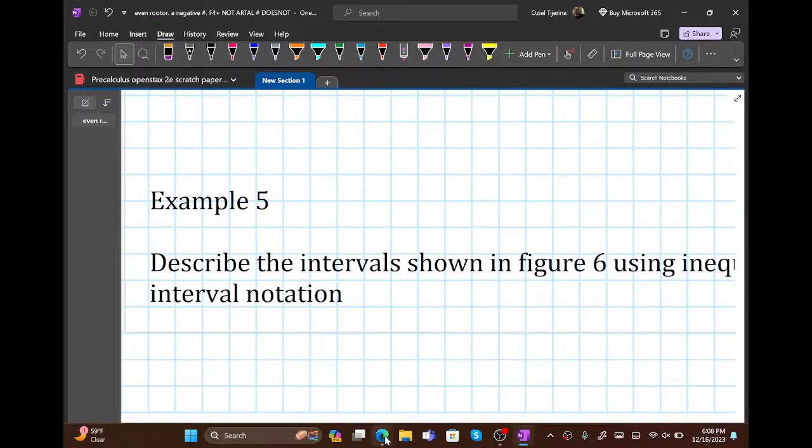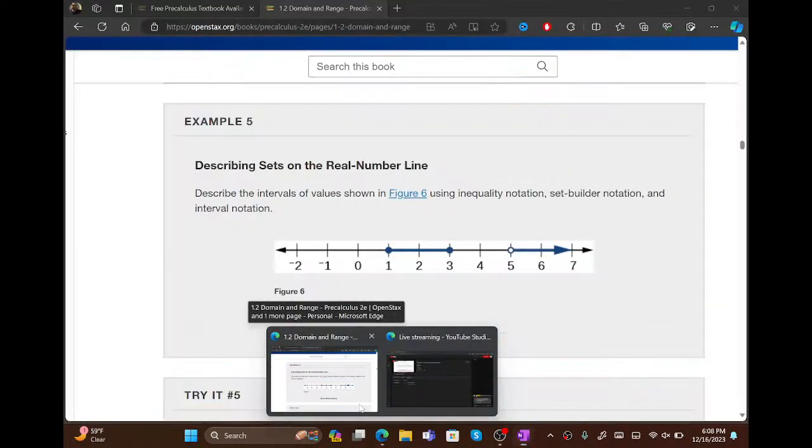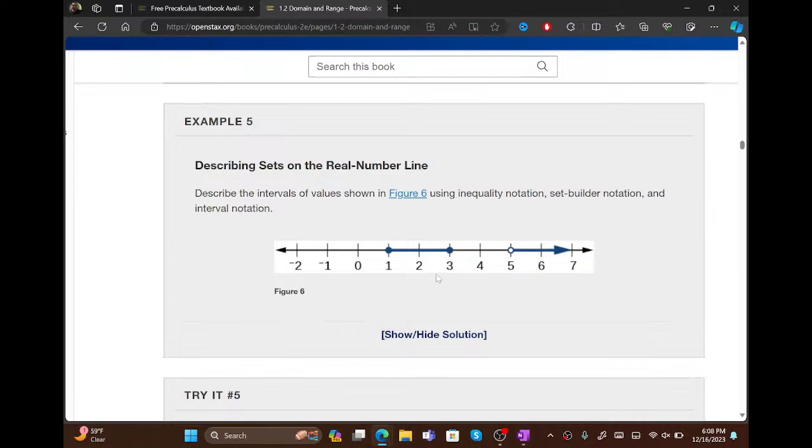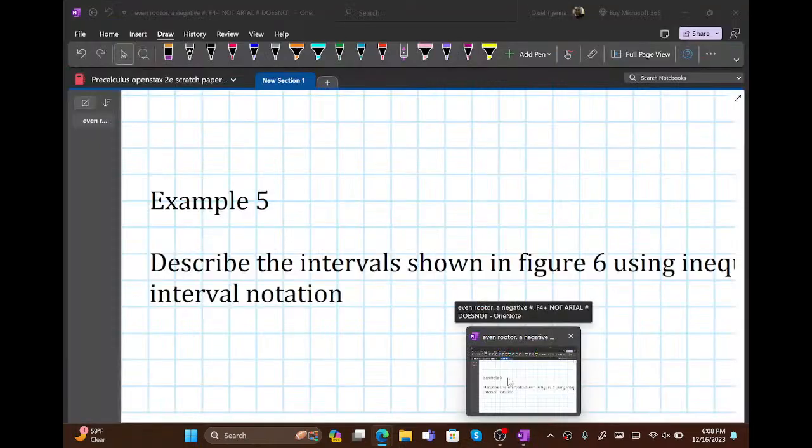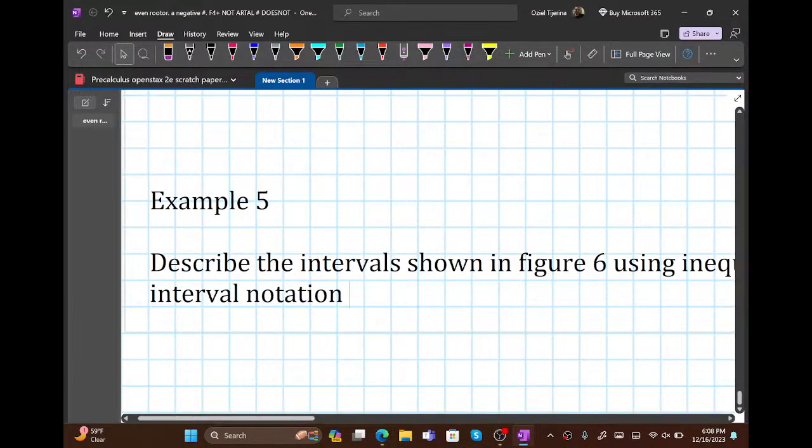And the one that they're giving us, guys, is this one. So I'm just going to put the intervals of values.